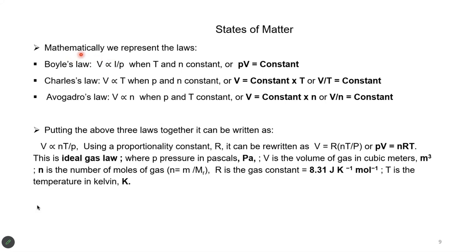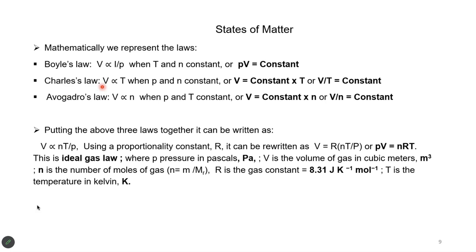If we take this mathematically, Boyle's law says volume is inversely proportional to pressure when temperature and number of moles are constant, which we write as PV is equal to constant.